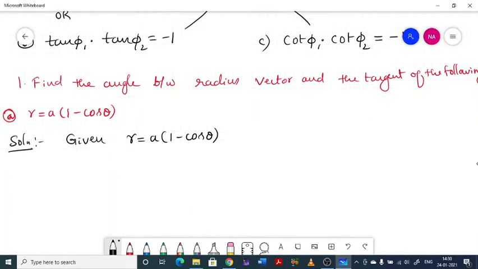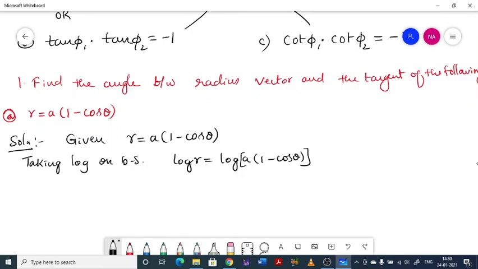So r equal to a times of 1 minus cos theta, taking log on both sides, we get log r equal to log of a times of 1 minus cos theta.